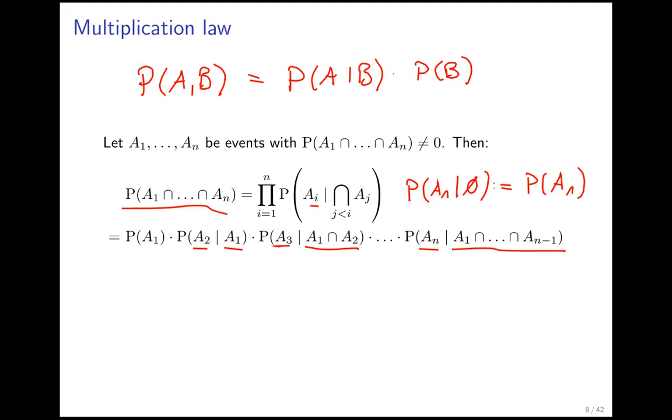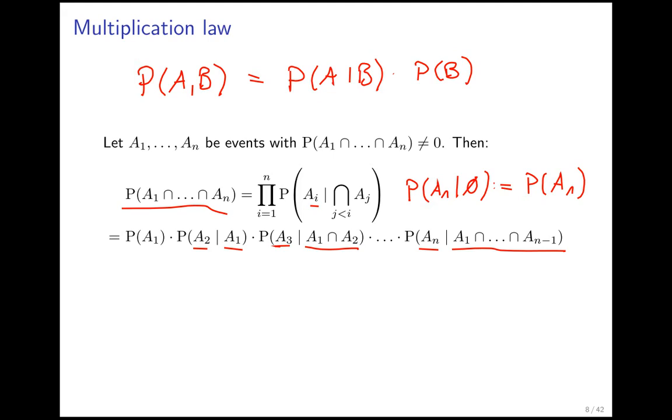So what you do is you fix one of the events, and we started with An, and then you pull out all the other ones, A1 through An-1, and condition on them, and then you apply the same trick recursively. So you pull out the biggest index of the remaining ones, An-1, and then you condition on the rest, and so on and so forth.